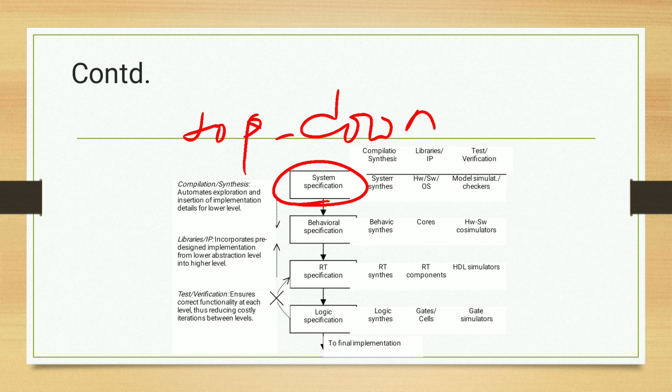This specification is refined by the designer by dividing parts of it among selected processors, that is general or single purpose, resulting in behavioral specification for each processor.